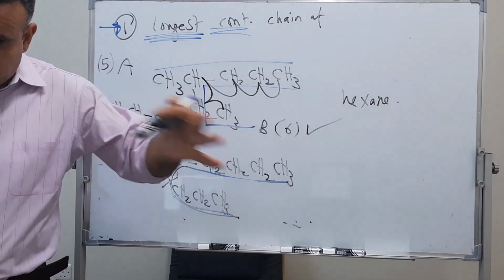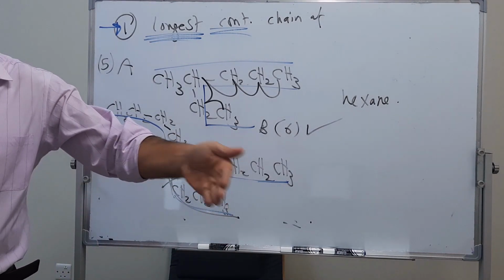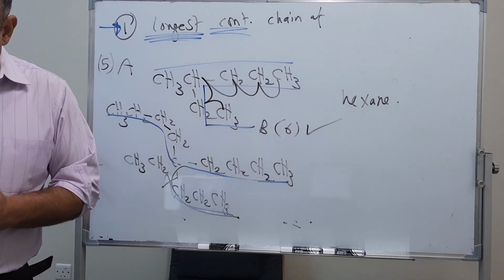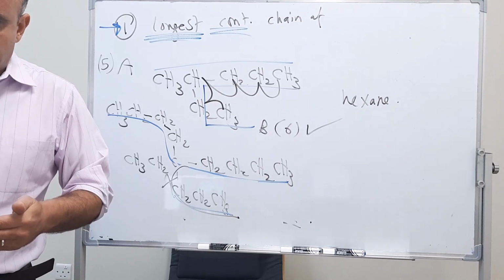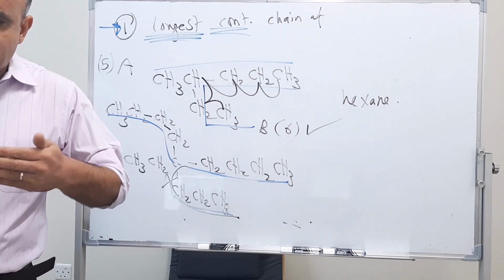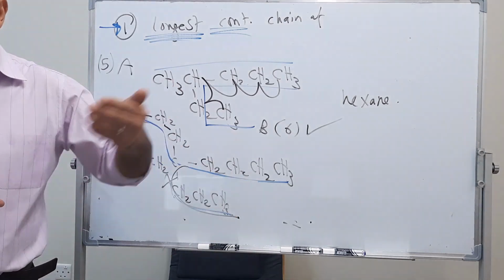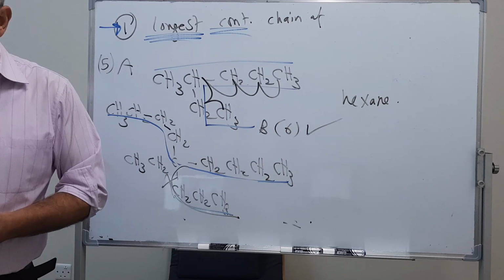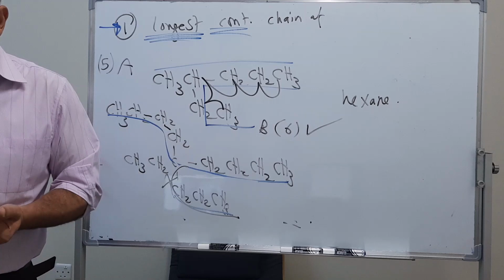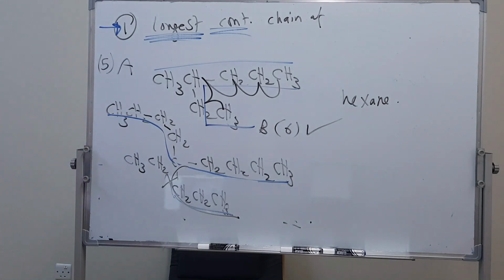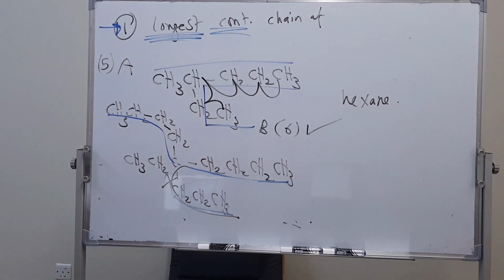If there are any other atoms, it doesn't affect the longest chain. Because in this chapter we are not going to deal with any functional group other than alkane. In the coming chapters, definitely we will deal with other nomenclature which has other functional groups, such as other atoms and so on and so forth. Got it? Just focus now with me on the basics of the nomenclature of alkanes.